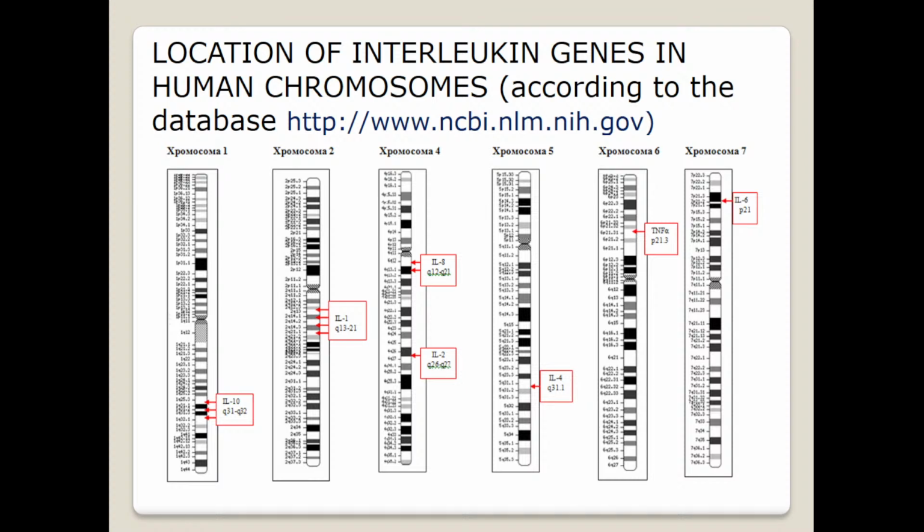So we can see on chromosome number 2 the position of interleukin 1, chromosome number 4 the position of interleukin 8, chromosome number 5 the position of interleukin 4, chromosome 6 TNF alpha or tumor necrosis factor, and chromosome 7, interleukin 6. All have their address.